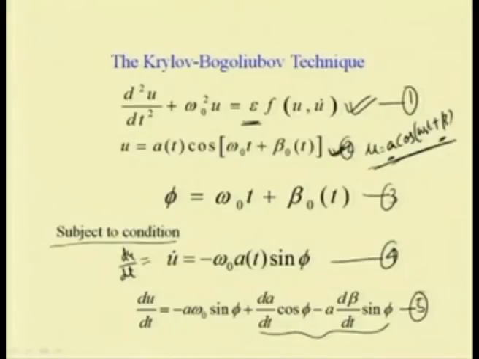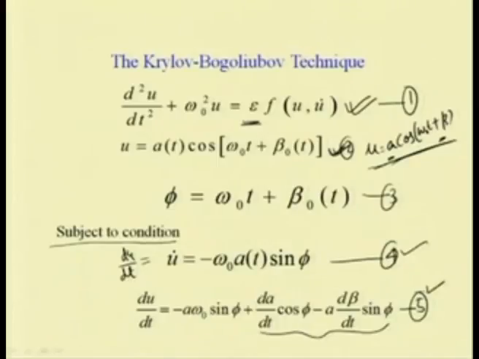To satisfy this, u equal to a(t) cos(omega 0 t plus beta(t)), the differentiation comes to be minus a omega 0 sin phi plus dA by dt cos phi minus a into d beta by dt sin phi. So, comparing these 4 and 5.